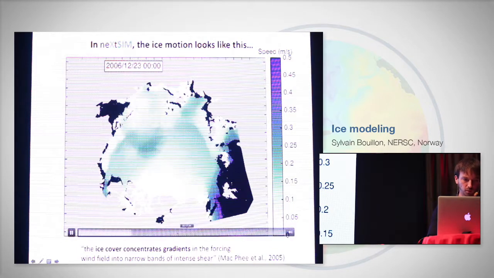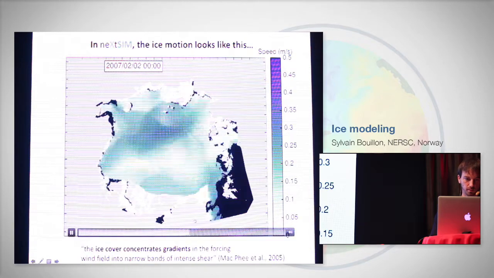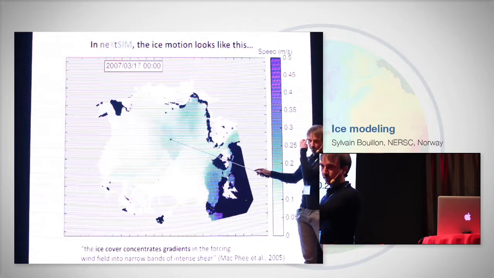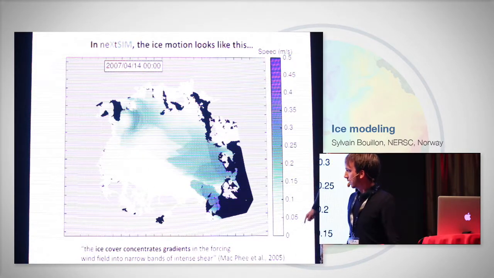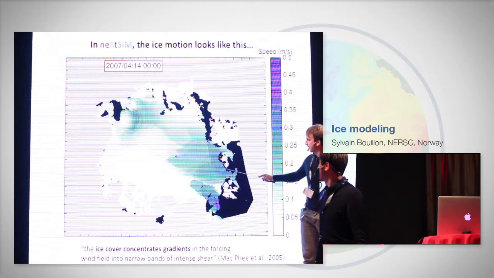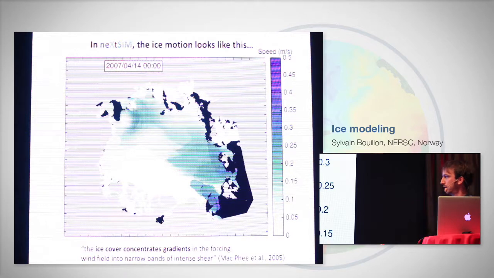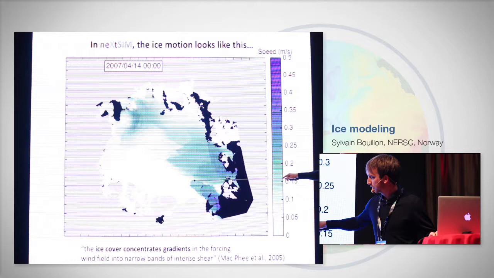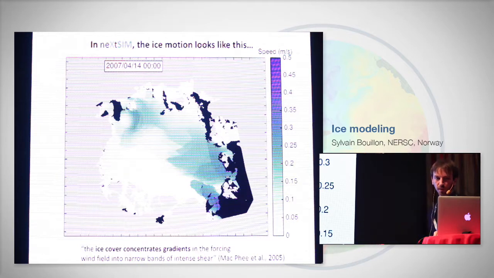So if I just stop the animation somewhere, you see the sea ice velocity field is highly discontinuous. We have very strong gradients. For example, here we have gradients in the velocity field. Here also, this ice is not moving, and just next to that one, we have a big piece of ice that is moving with quite high speed.